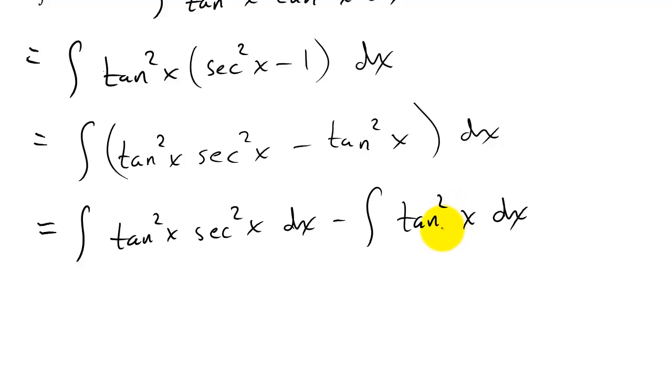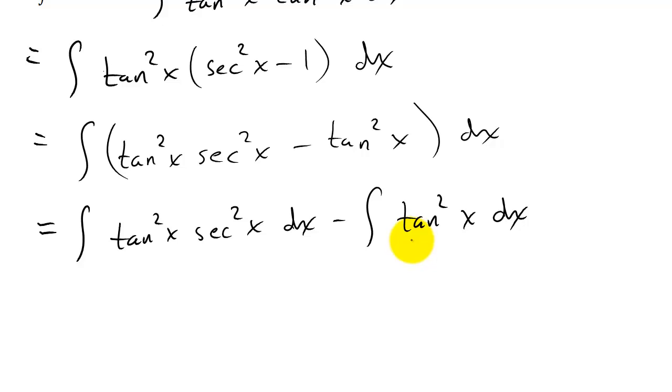I can't let u equal tangent, because du is secant, and I don't have a secant term here. I don't know the antiderivative of tangent squared, but look at this. I can rewrite tangent squared as secant squared x minus 1.